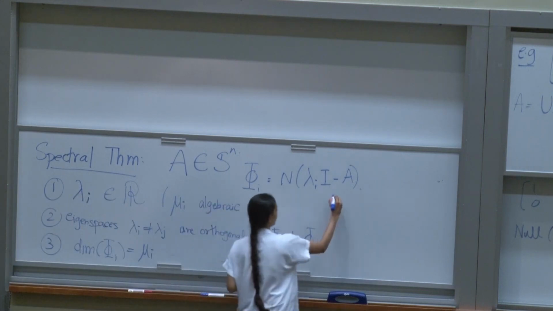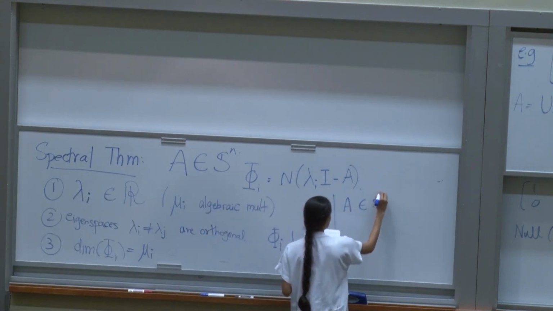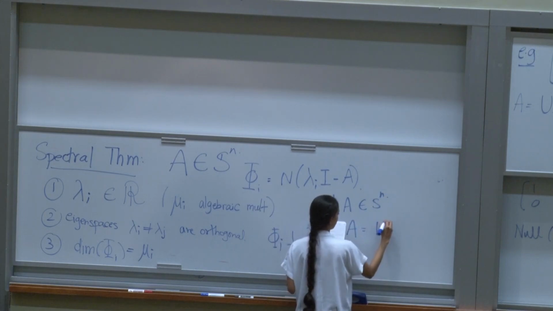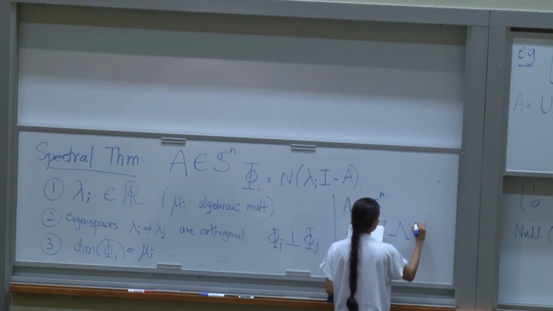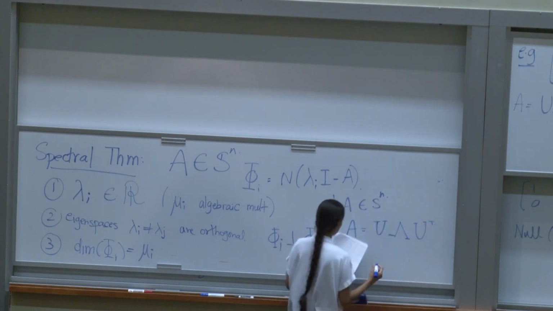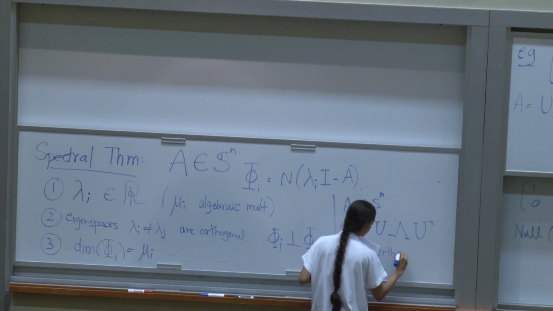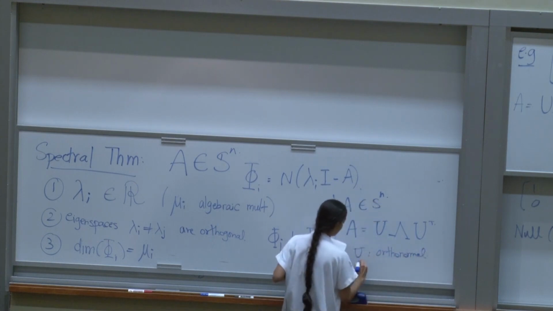And so in particular, for A belonging to Sn, I can write A as some matrix U times lambda times U transpose, where U is an orthonormal matrix and lambda is diagonal.